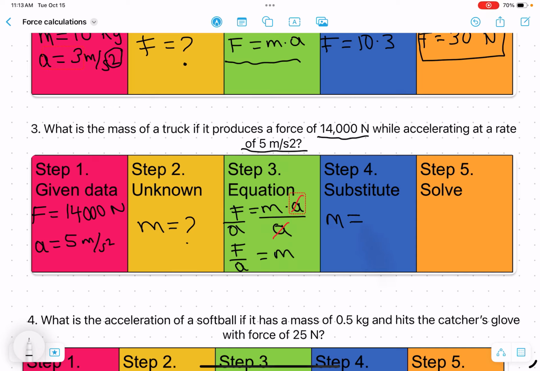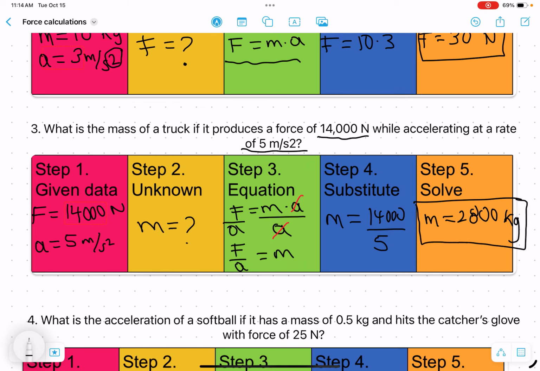So M equals, how much is F? 14,000 divided by 5. So let's do it. 14,000 divided by 5. That is 2,800. And what are the units for mass? You measure mass in kilograms. So that is the answer.